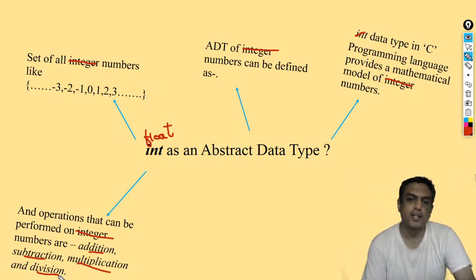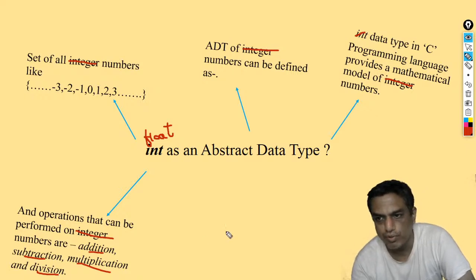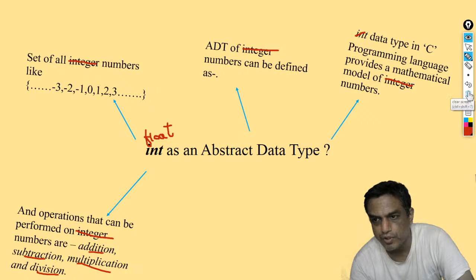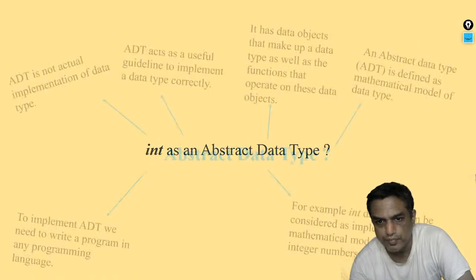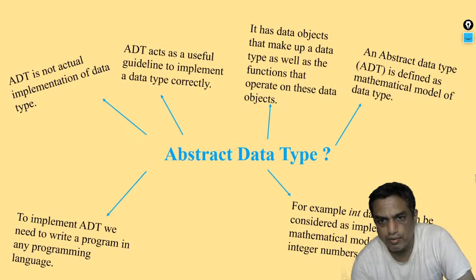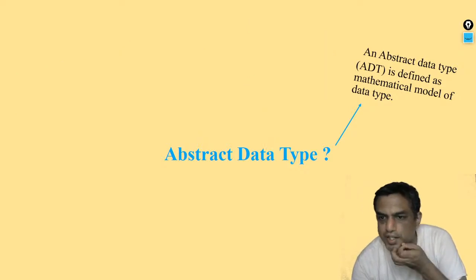When you are writing an abstract data type of any data type, you do two things. What are these two things? An abstract data type is defined as a mathematical model of a data type.